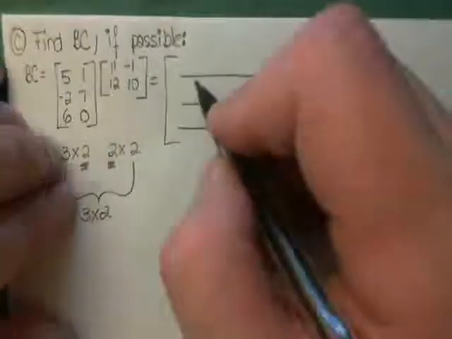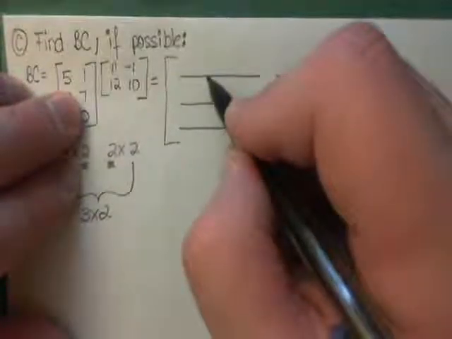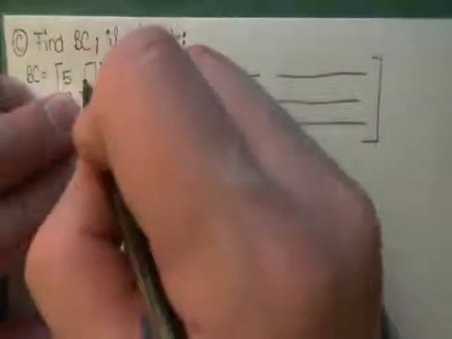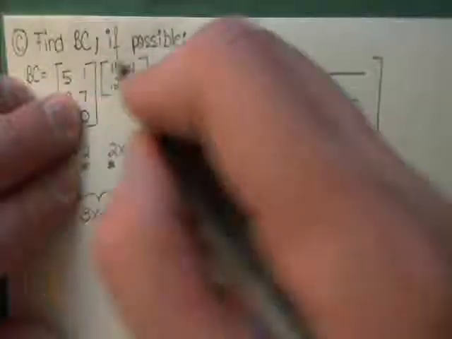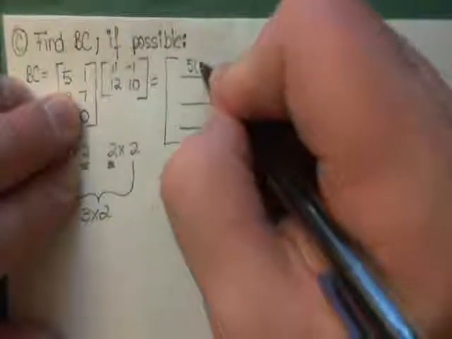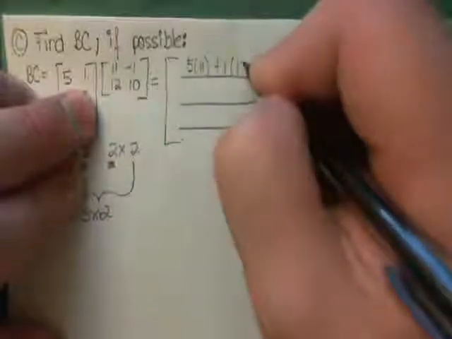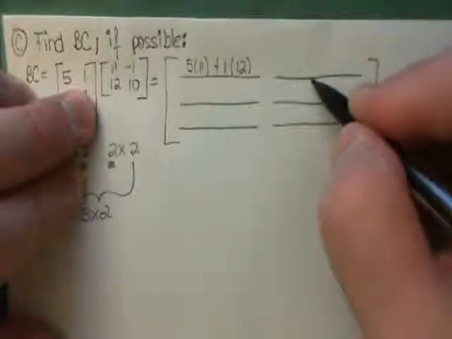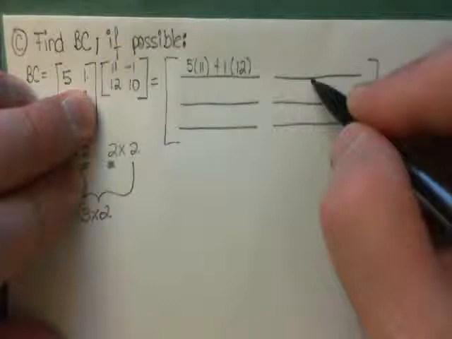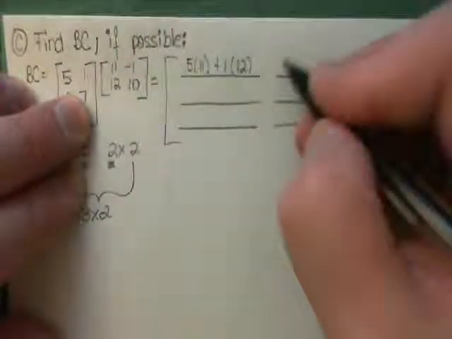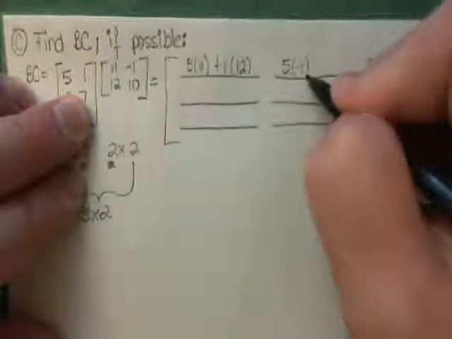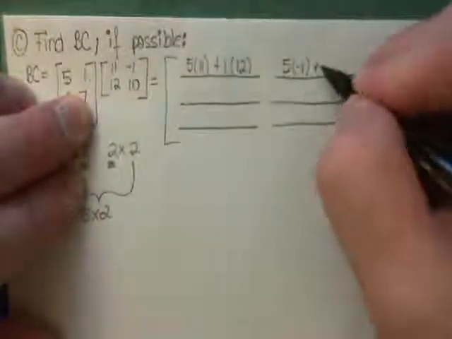Alright, now let's perform the multiplications. Remember, the address is 1, 1, so row 1, column 1, so 5 times 11, 1 times 12. Address 1, 2, so row 1, column 2, so it'd be 5 times -1, 1 times 10.